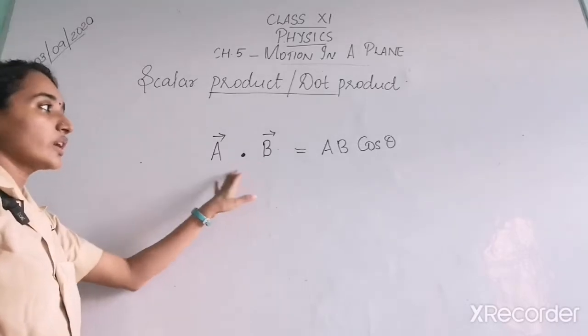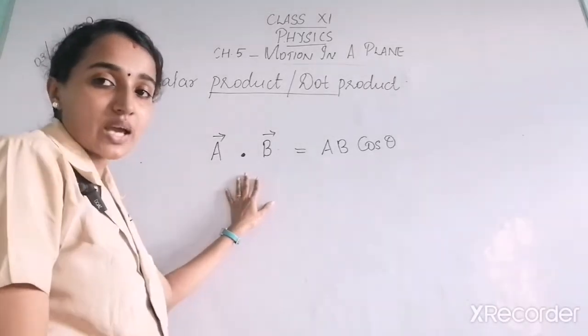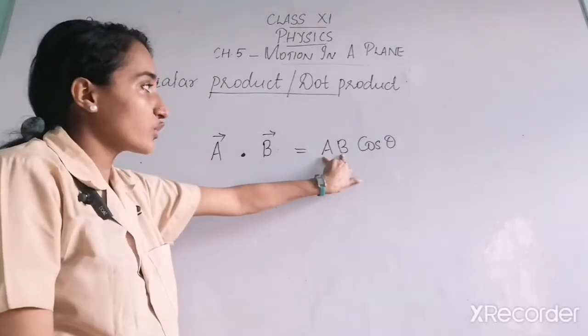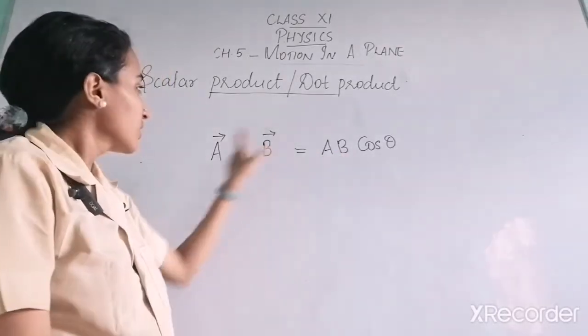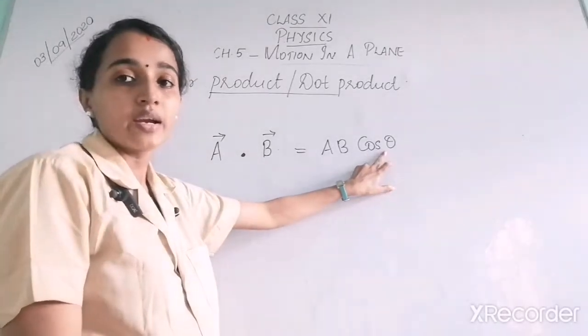How will you define a dot product? The dot product or scalar product of two vectors can be defined as the product of the magnitudes of those two vectors and the cosine of the angle between them.